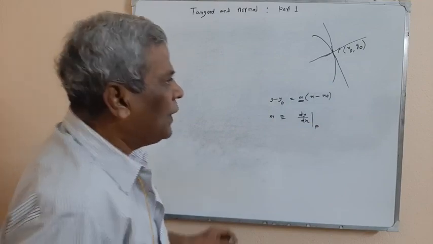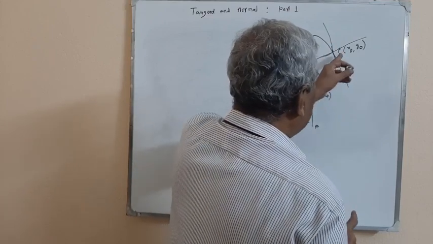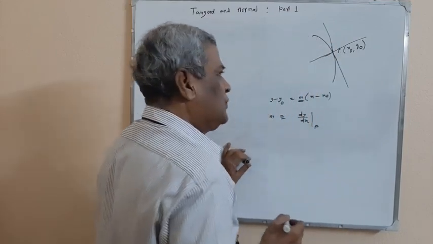Similarly, the normal at any point is again a straight line which passes through the point x0, y0.